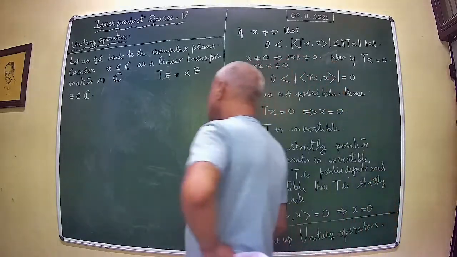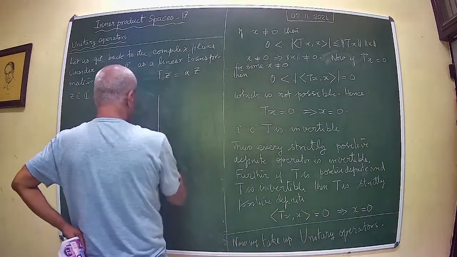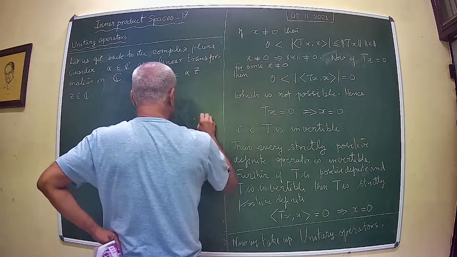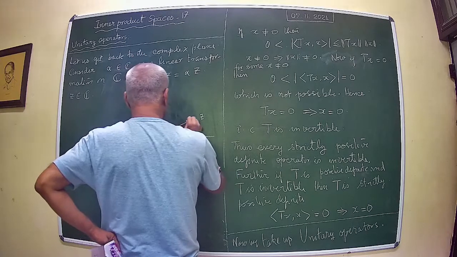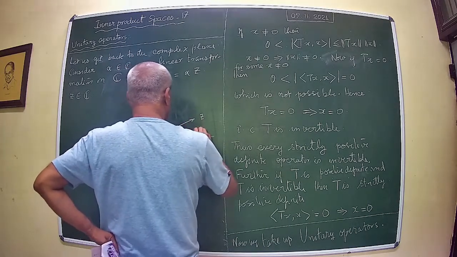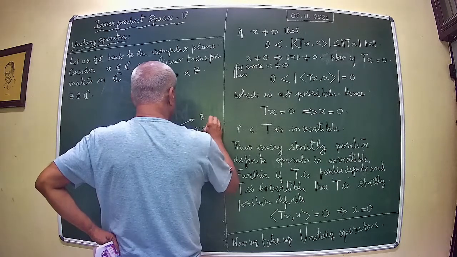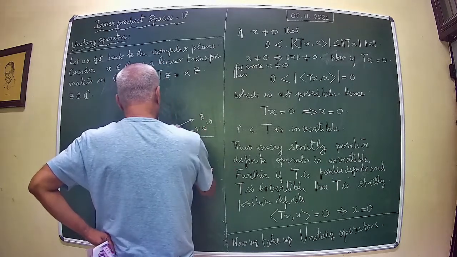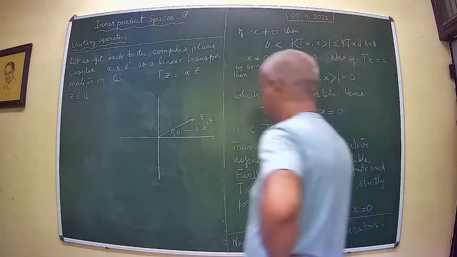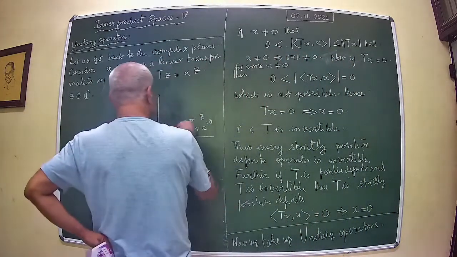This is what we have to look at. Look at the complex plane, take any z belonging to it, and this can be written as r e to the power i theta. This is the angle theta that you have.